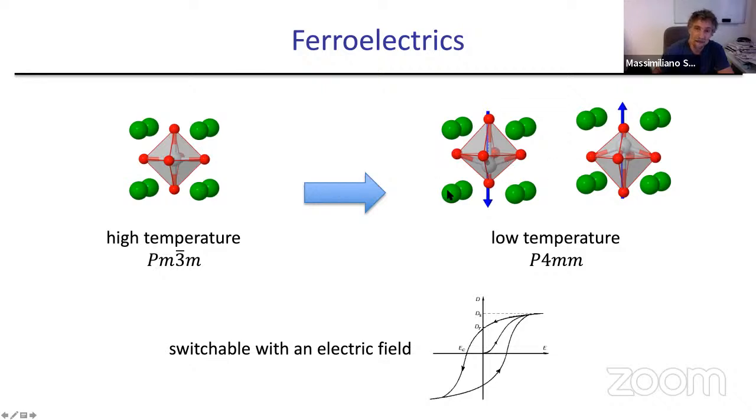The phase transition can occur into one of the symmetry equivalent states with a polarization pointing either up or down or left or right. And the main characteristic of these materials is that they're switchable with an electric field.